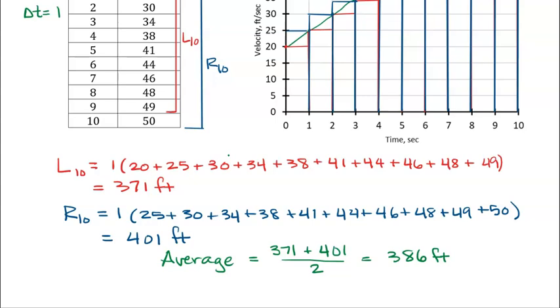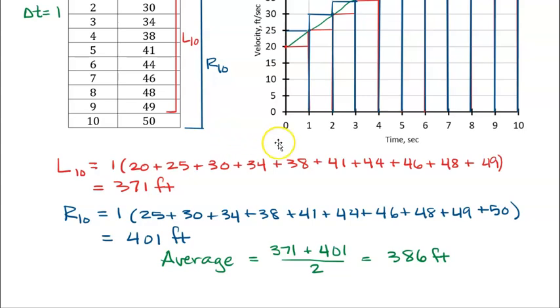That gives me the exact middle between 371 and 401. All right, so notice that the difference between the left and the right hand sum here is 30 feet, and that's 15 feet from 386 in either direction. 386 is right in the middle.